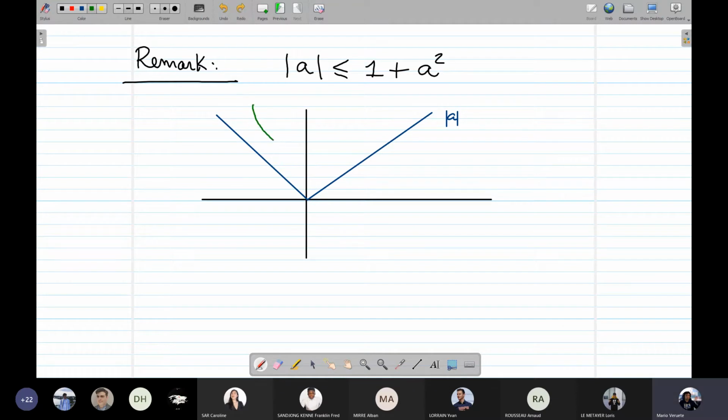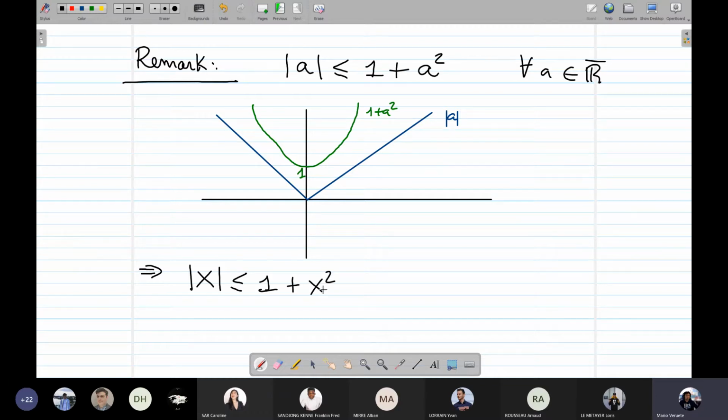Well, you have a parabola here. This is 1. This is 1. And here you have 1 plus a squared. Okay, since this inequality is true for any a in R bar, any positive, negative, or infinite number, we have, as a consequence, that the absolute value of a random variable X is smaller than 1 plus X squared, okay?